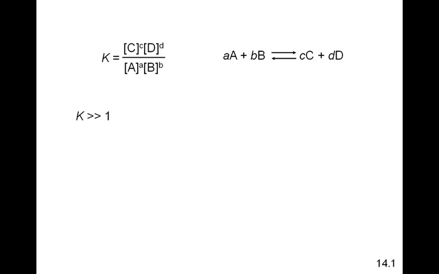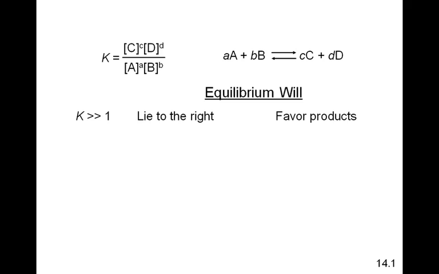When K is much, much, much greater than 1, that means the equilibrium will lie to the right and will favor the products. So when K is a large number, that means the concentration of these two, which we call the products, is much greater than the concentration of the reactants.